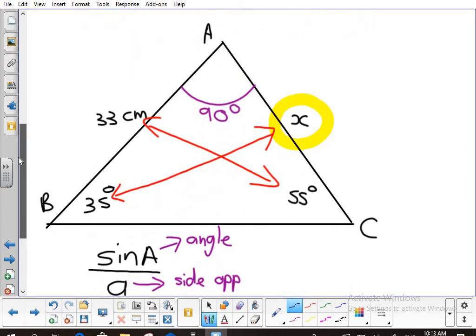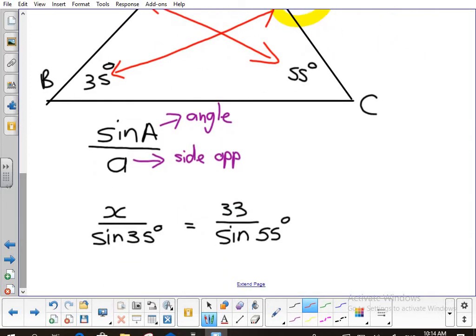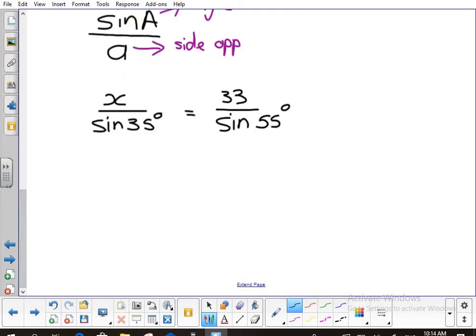If you look at the rule, what I wrote down would be b over sin B equals c over sin C, if I look at the triangle. But I skipped that and immediately went into my physical values. So now I need to solve for X, and from here it's pretty easy.